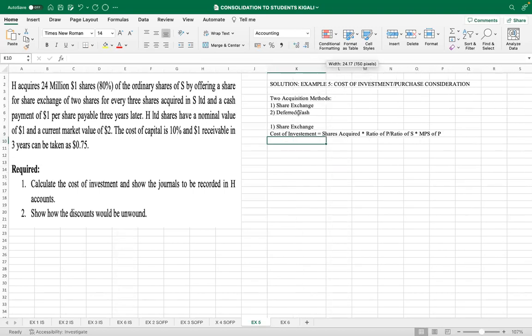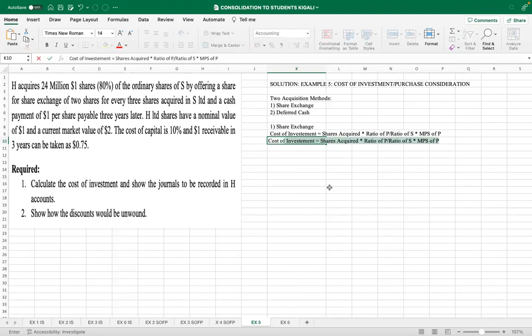Let me repeat that. Cost of investment is equal to 24 million shares times the ratio, by offering a share for share exchange of 2 shares for every 3 shares acquired. So 2 for every 3.